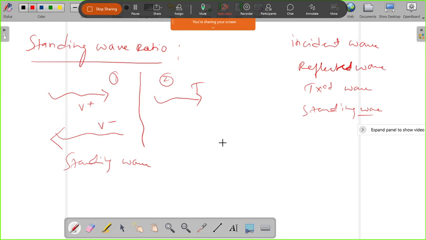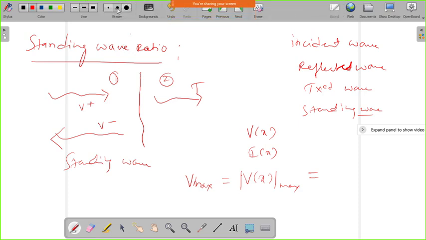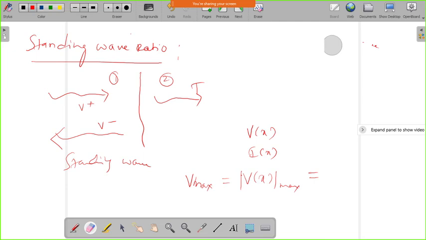So now we can take the maximum voltage of this one. So we have the current and the voltage equation. If I take the maximum voltage, that is V max, it is nothing but the maximum of V of x, and this will give the maximum whenever you put x equal to 0, that is at the load end, where V of x has V naught plus into e power j beta x.